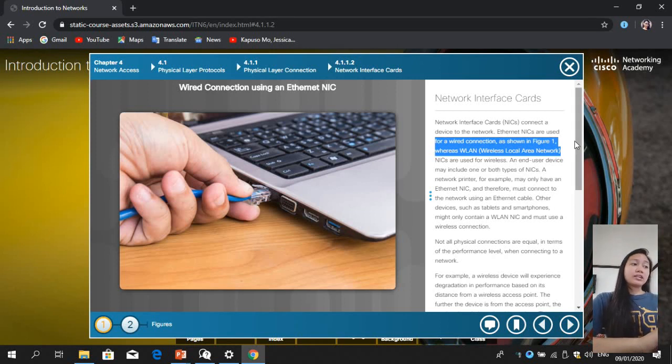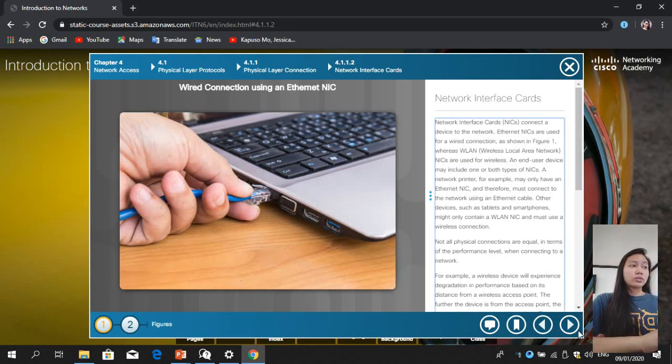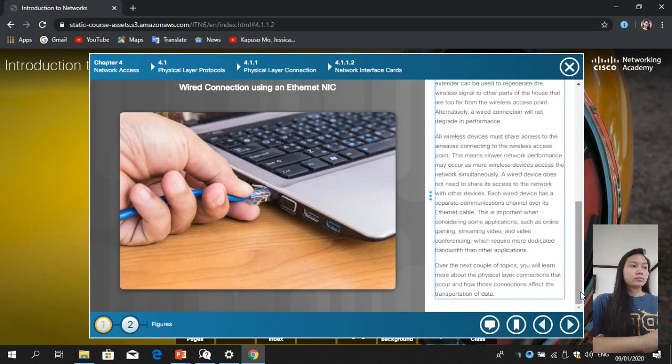Not all physical connections are equal in terms of performance level when connecting to a network. All wireless devices must share access to the airwaves connecting to the wireless access point.